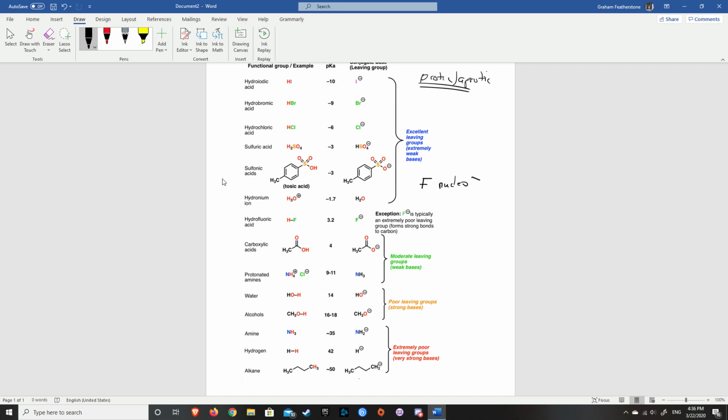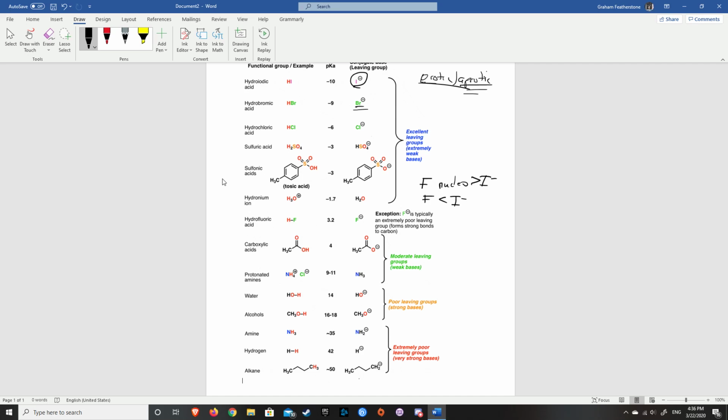It can be a much better nucleophile than iodine. But then when we change the solvents, all of a sudden fluorine is a much worse nucleophile than iodine. It all depends on the solvent. It also depends on the leaving groups. Iodine is a good leaving group in a protic solvent, but is it a good leaving group in an aprotic solvent? Bromine, good leaving group.